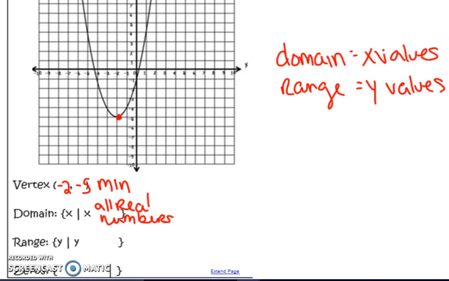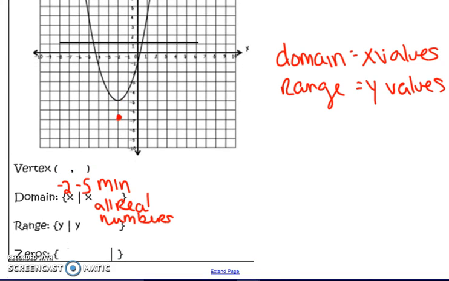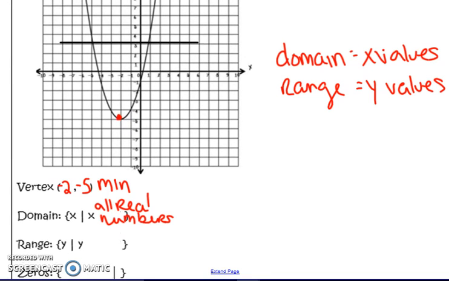The range, however, is the y values. Well, if I take a line and draw it across my graph, and I move it up, it still hits everything.